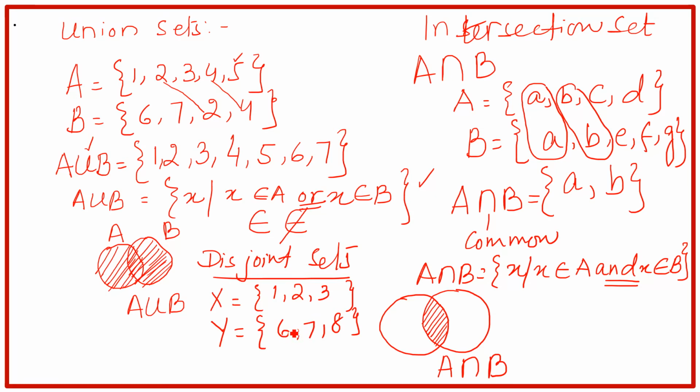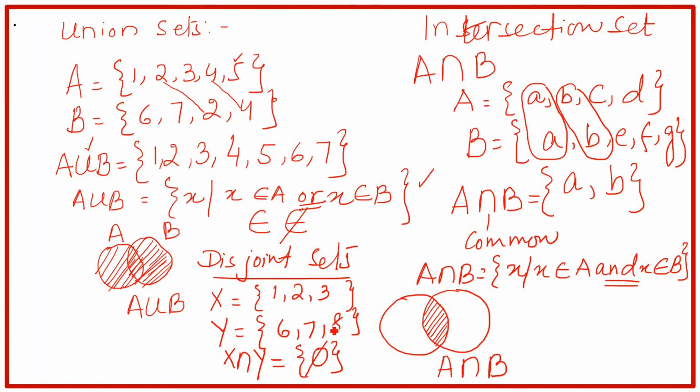That is, X and Y are disjoint means if I write X intersection Y, what will you get? You will get nothing, an empty set, which we show like this. This is called the empty set or null set.